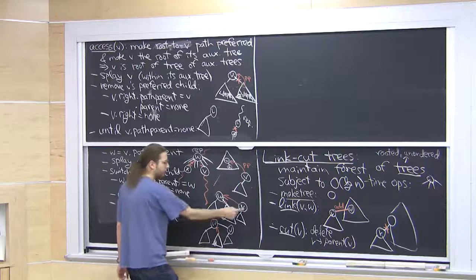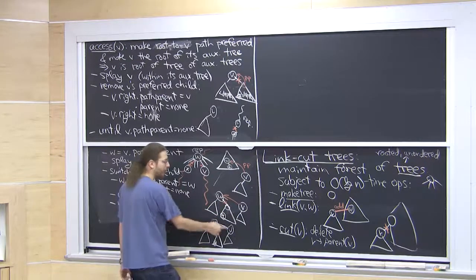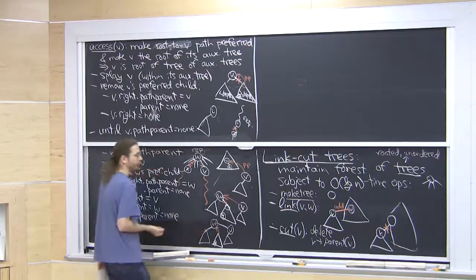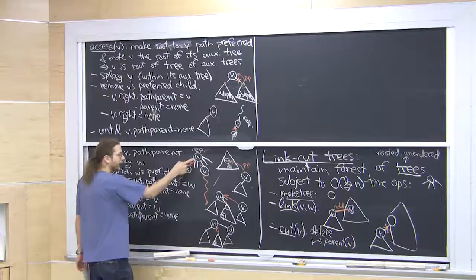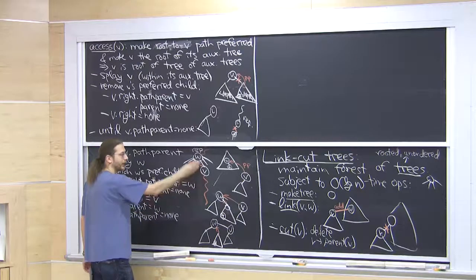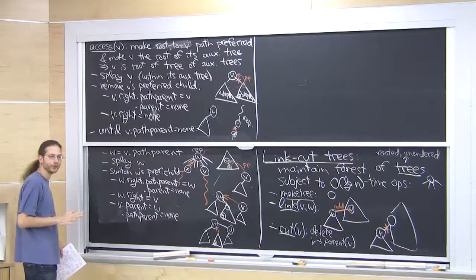Whereas before V was linked in with a path parent pointer, now this thing is linked in with a path parent pointer. And the primary connection, the white connection, is direct from W to V. And that's exactly what corresponds to clipping off this portion of the preferred path and concatenating on this portion of the preferred path. More or less clear?